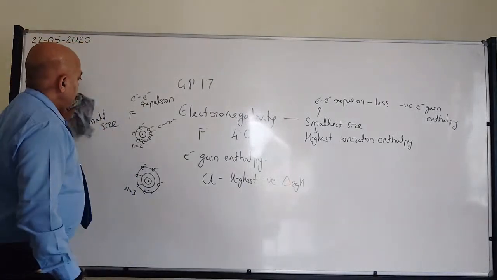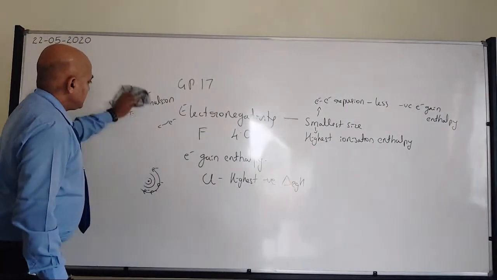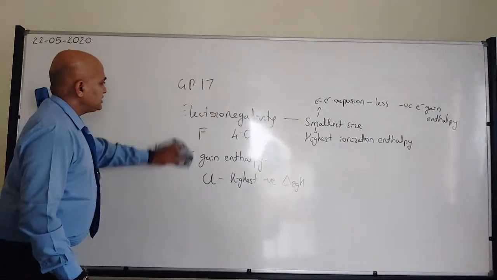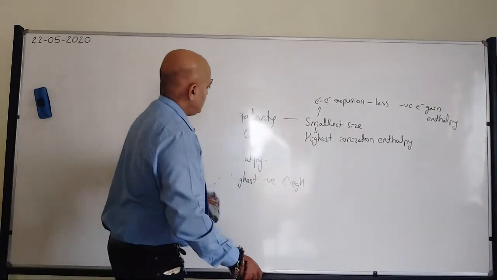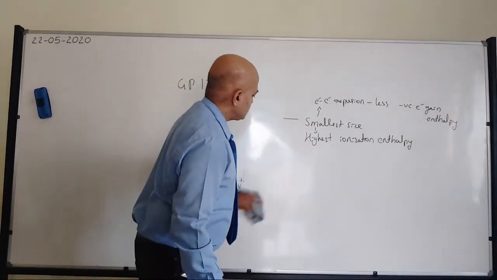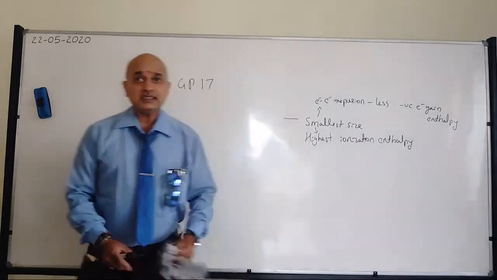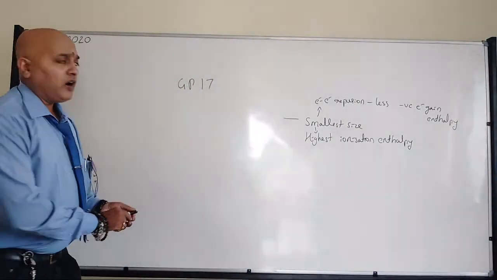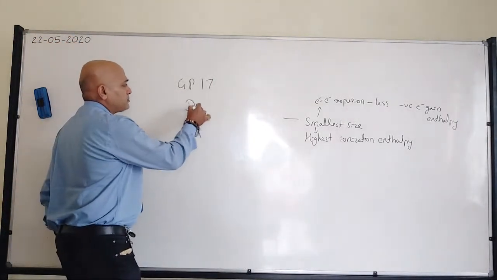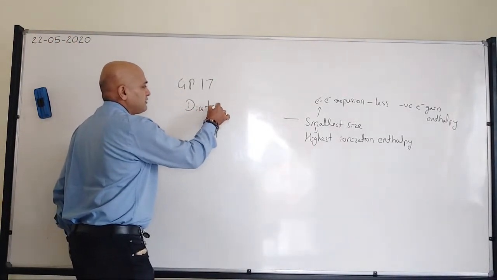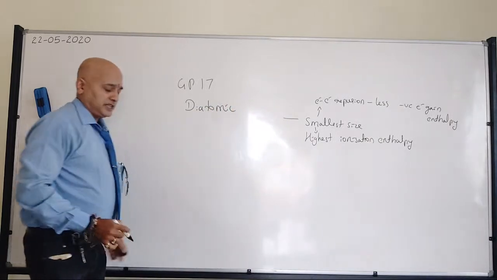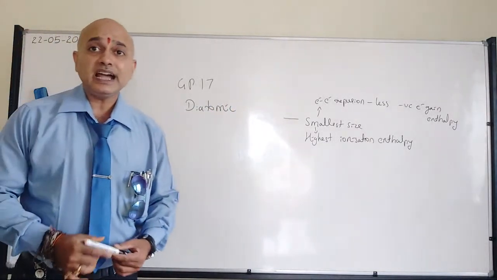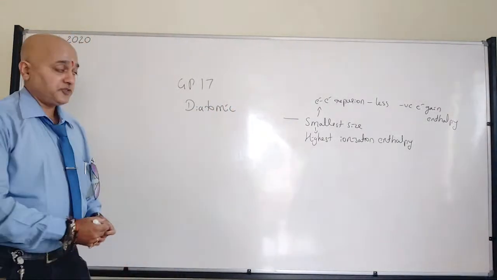Now, another major property which is affected by the smallest size of fluorine is bond dissociation enthalpy. All of us know that group 17 elements normally are in a diatomic state.